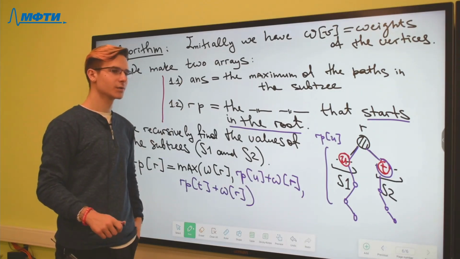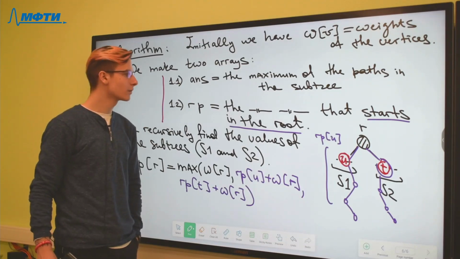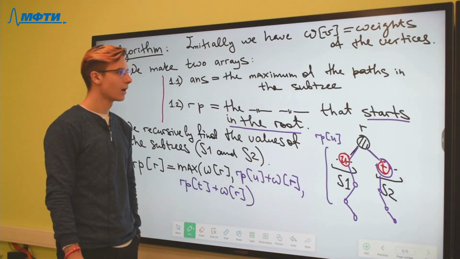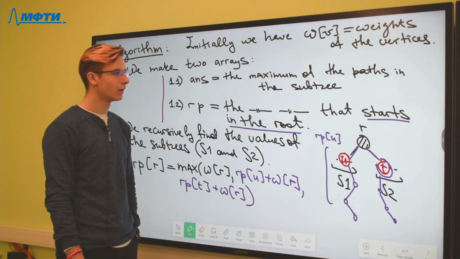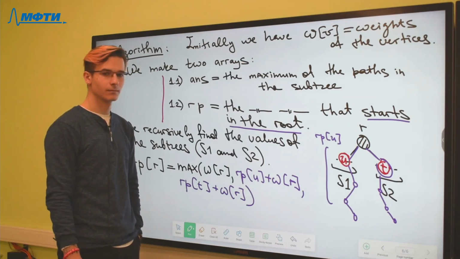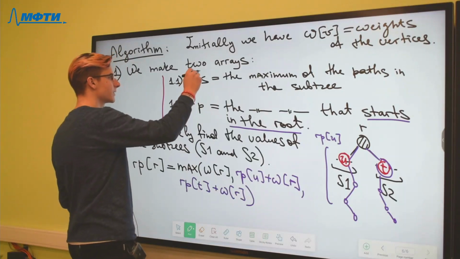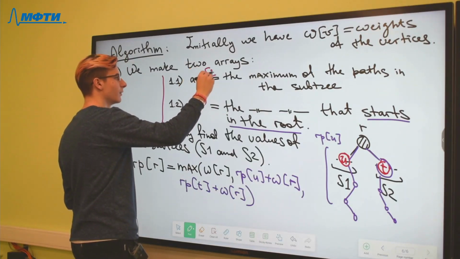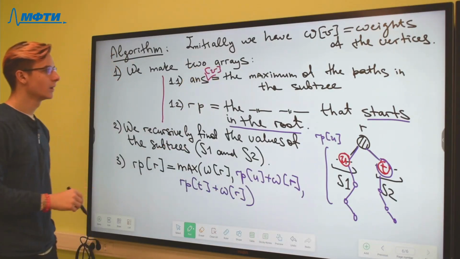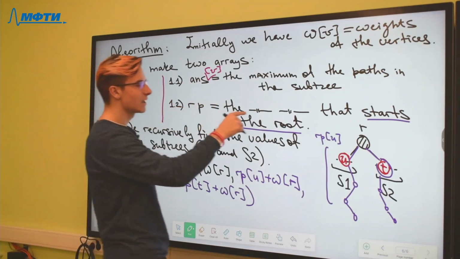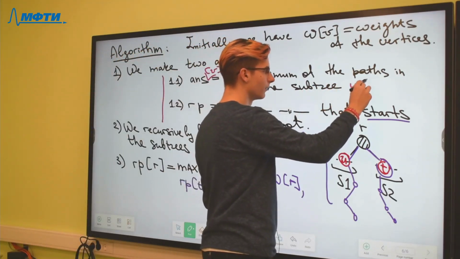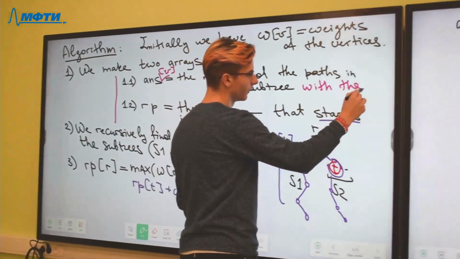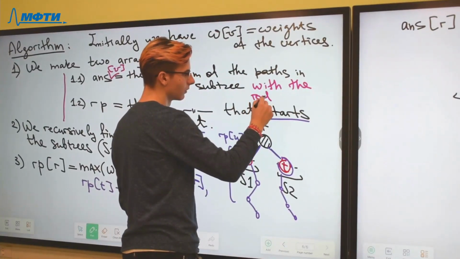Guys in the Zoom, maybe you know. I can add that ans from vertex V is the maximum of the paths in the subtree with the root V.